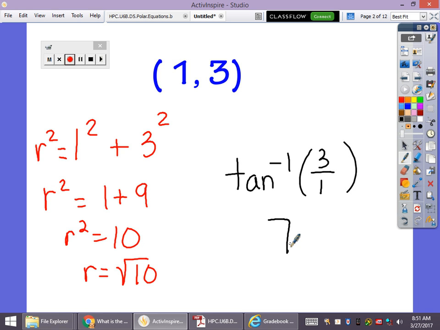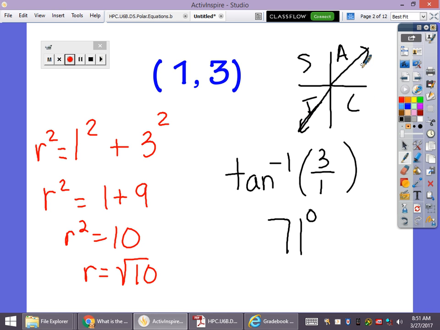Excellent. 71 degrees. Great. It could bump up to 72. We'll just leave it at 71 for now because that's the first thing I heard. Okay, now, but we're not finished. All students take cash, right? So, I also need the angle here, right?